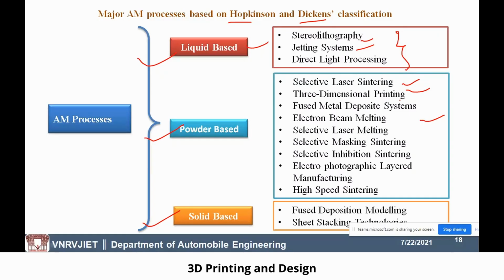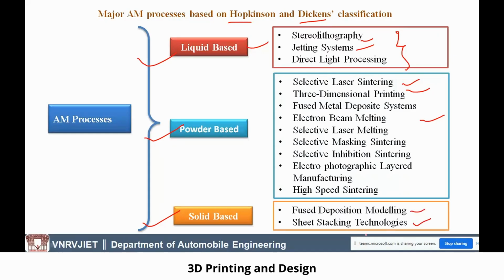The last one is solid based. There are 2 processes we mostly use: fused deposition modeling and sheet stacking technology, also called laminated object manufacturing. So these are the different 3D printing processes classified into liquid, powder, and solid based manufacturing.